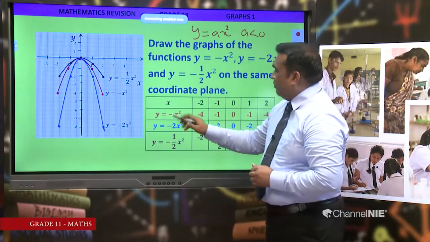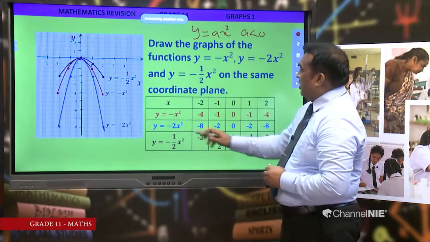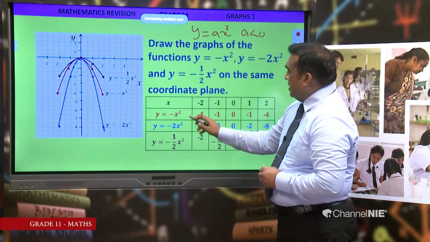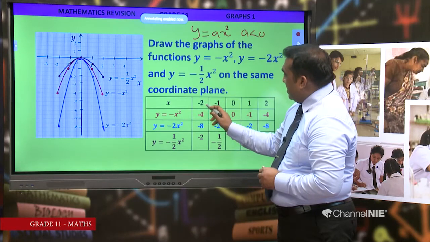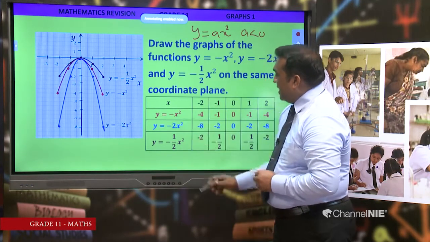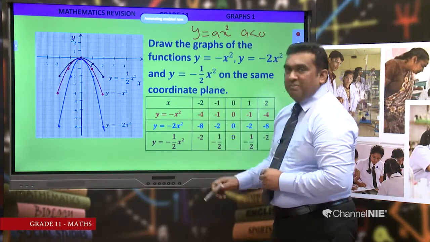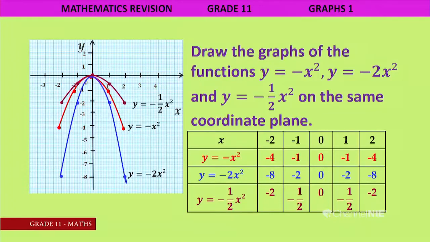The same way, x coordinates -2 to +2, y coordinates according to the definition of y. Here y equals -x squared. Then -2 you can substitute here: -2 squared means -2 multiplied by -2 is +4, because of this minus sign you have -4.